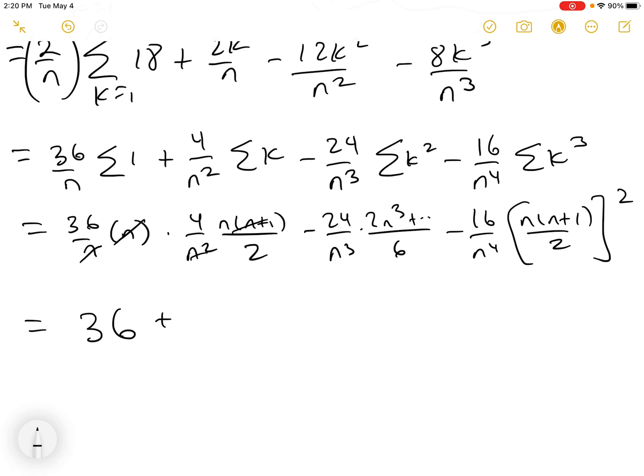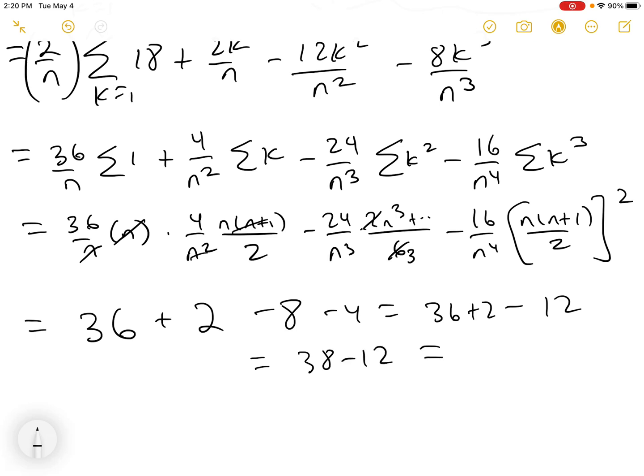Sorry, plus 2. 2 goes into that, so minus 8, and 2 squared goes into minus 4. So 36 plus 2 minus 12, which is 38 minus 12, which is 26.